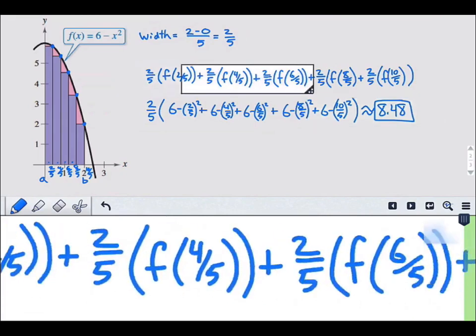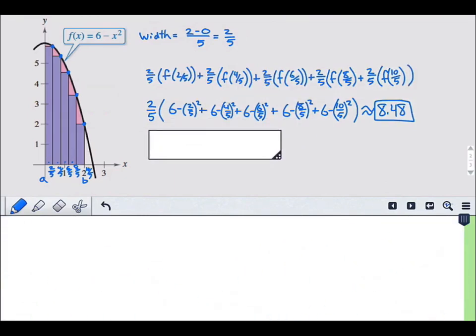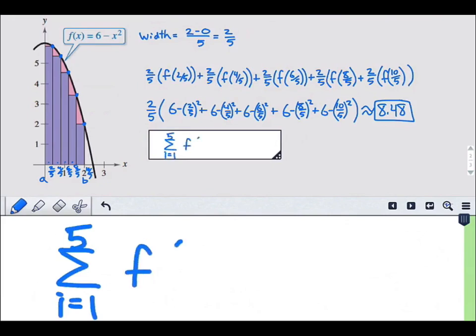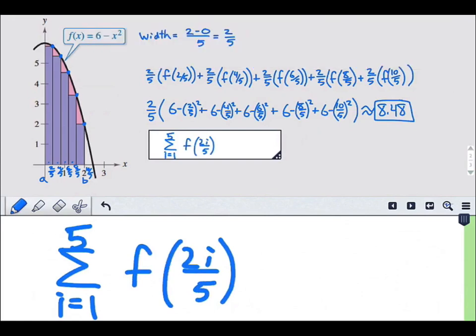We could have written this as a summation, the sum from i equals 1 to 5, because we had 5 rectangles. Our height would be f of 2i over 5, or 2/5 times i, and then times the width, which is 2/5.